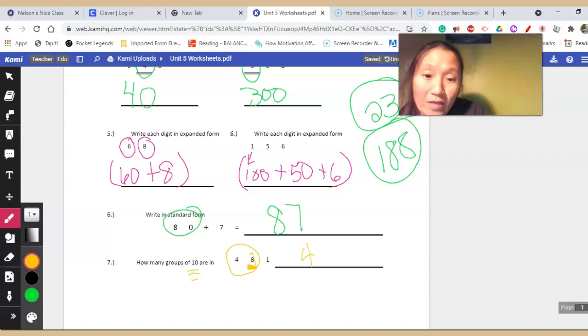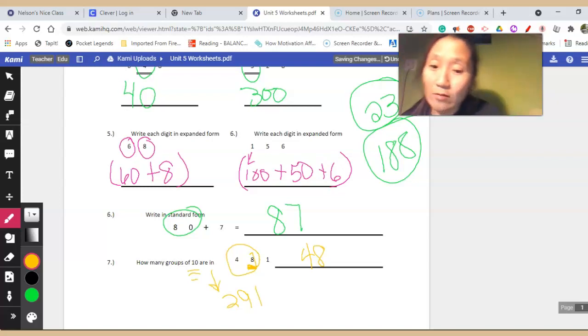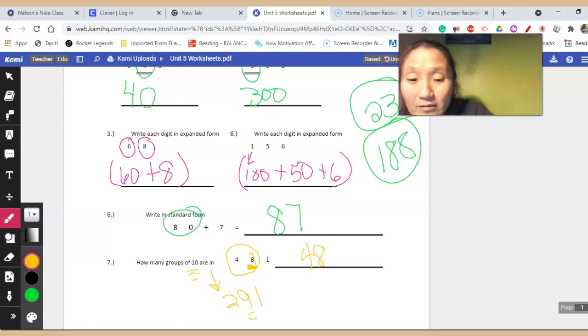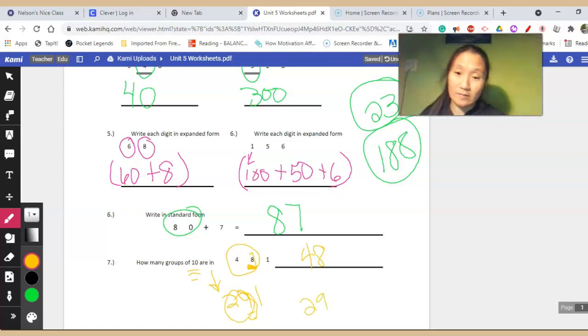So there are 48 groups of 10. Okay, so if I had the number 291, how many groups of 10 are in 291? Write this down. I'll look at the tens place, and then I will circle everything in front of it, for 29. Okay? If you have questions, concerns, I will see this tomorrow.